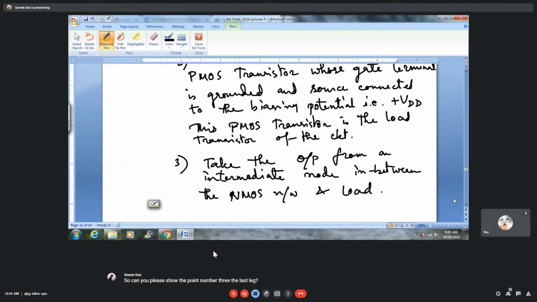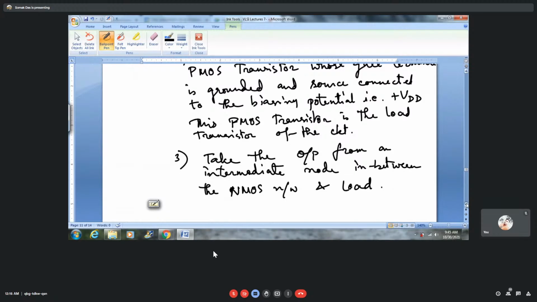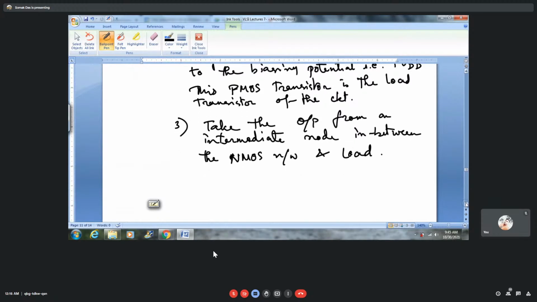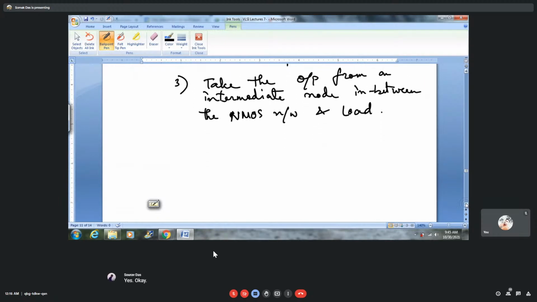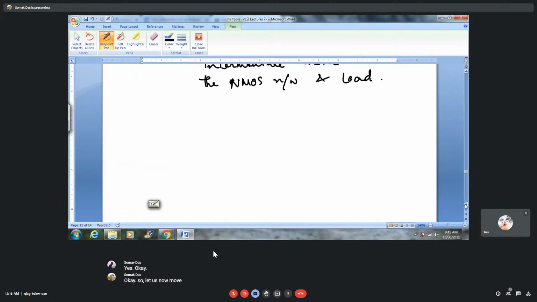Take the output from an intermediate node in between the NMOS network and the load. Is it clear? Yes, sir, clear.